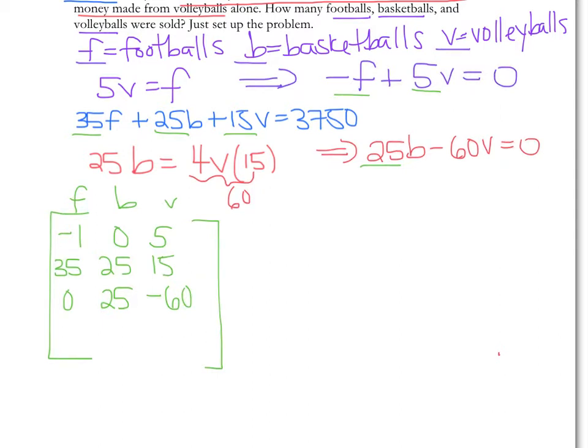Now instead of putting the variable matrix next to it and then having it equal constants, I'm going to draw a vertical line right there, and then I'm going to put my solutions to each of the equations to the right of it. So I had 0, 3,750, and another 0. And then I'm going to close my matrix.